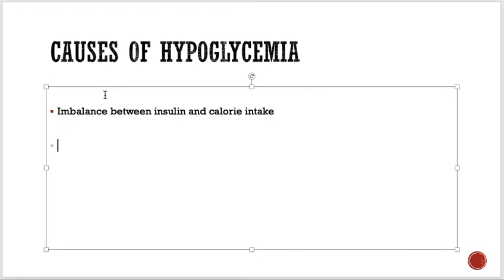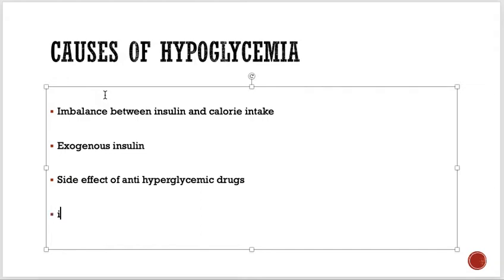Or for example, someone who takes exogenous insulin, someone who was given an injection of insulin, right? Or it could be a side effect. I told you about sulfonylureas, side effect of anti-hyperglycemic drugs, the drugs which decrease the level of glucose, like sulfonylurea.